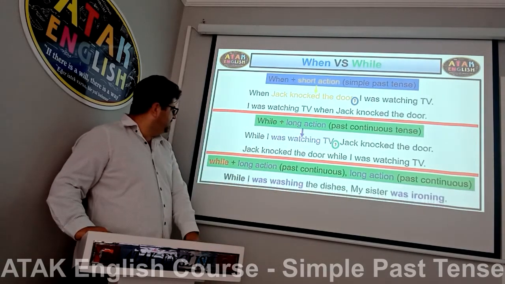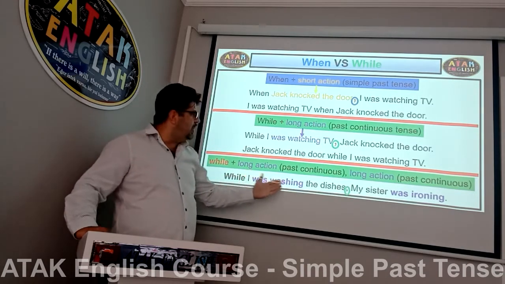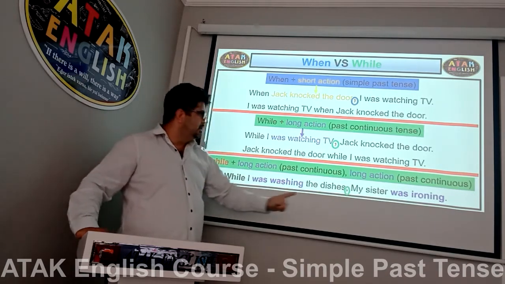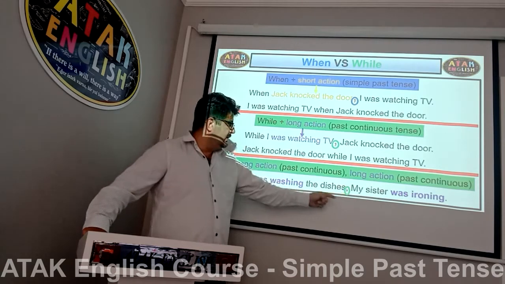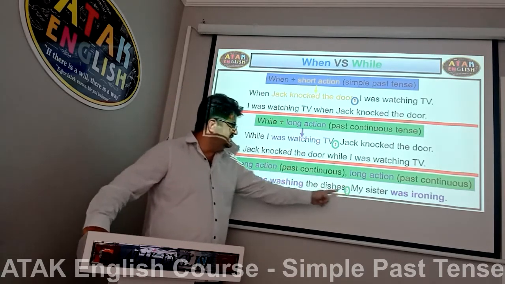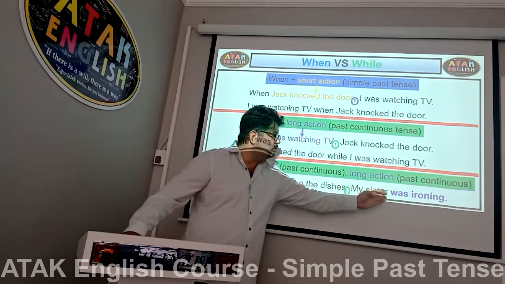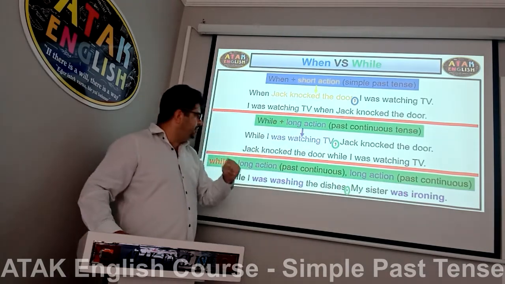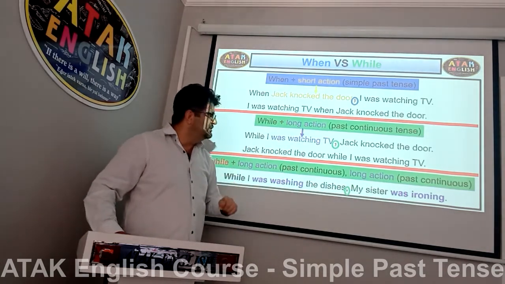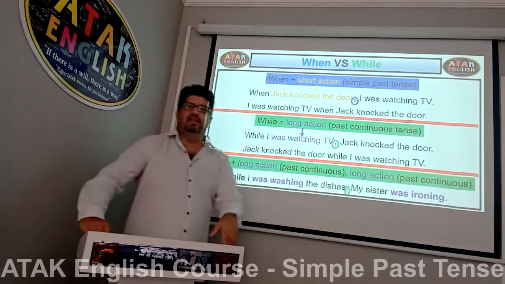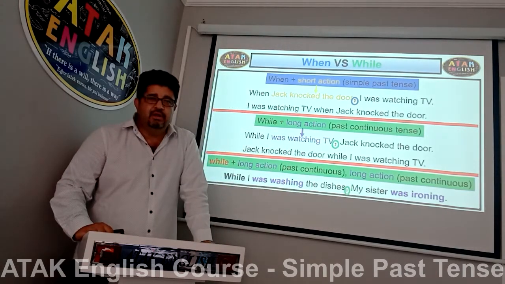Let's see the example. While I was washing the dishes, comma, a long action, and there's a comma because the while clause is at the beginning of the sentence, my sister was ironing. Both washing the dishes and ironing are long actions because they're in continuous form.